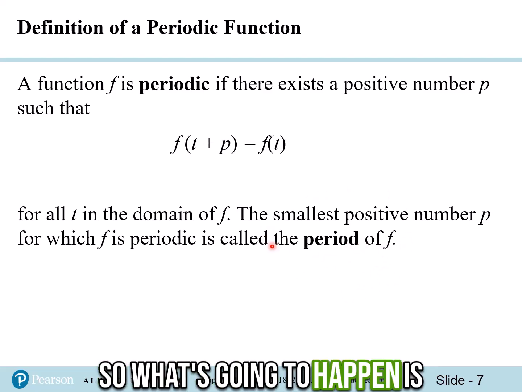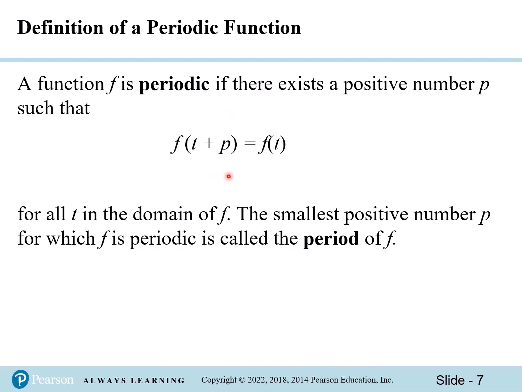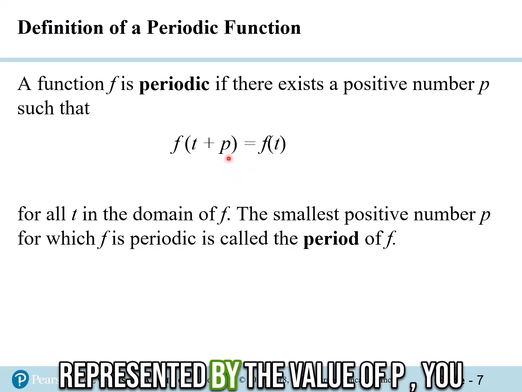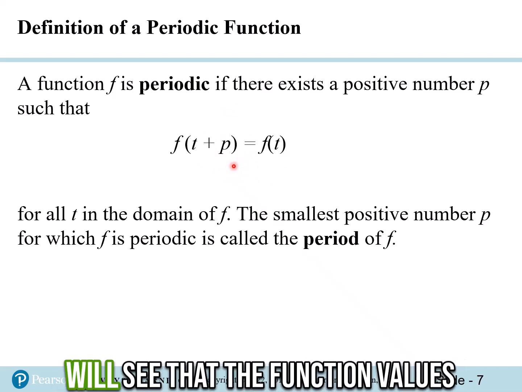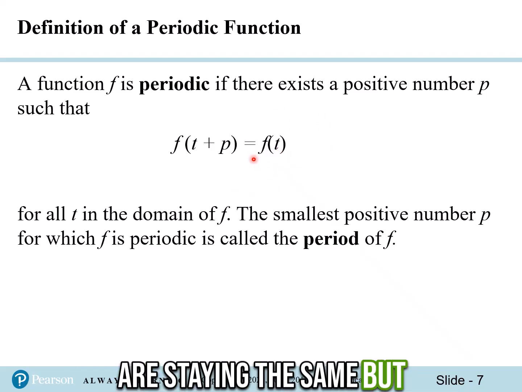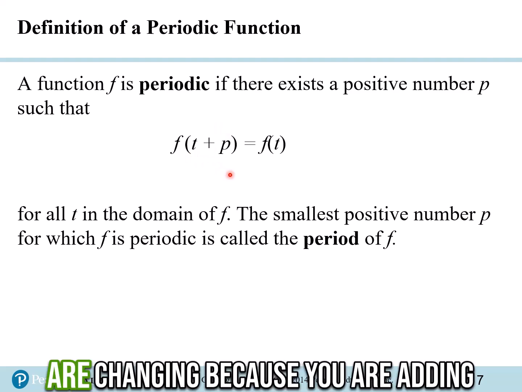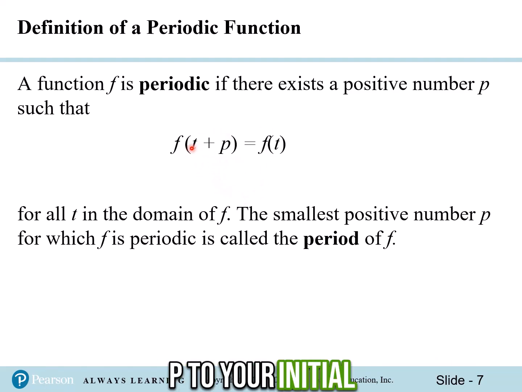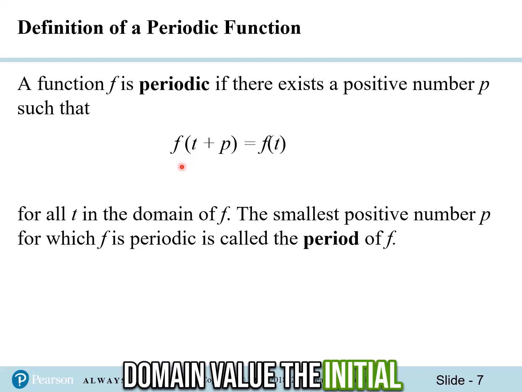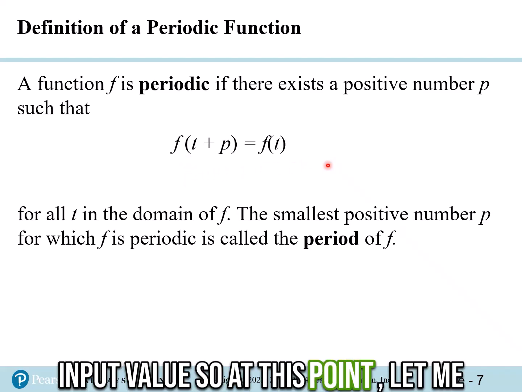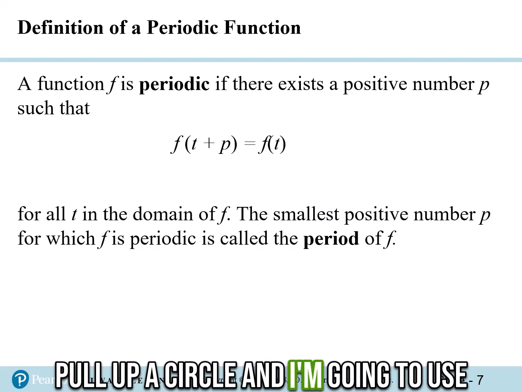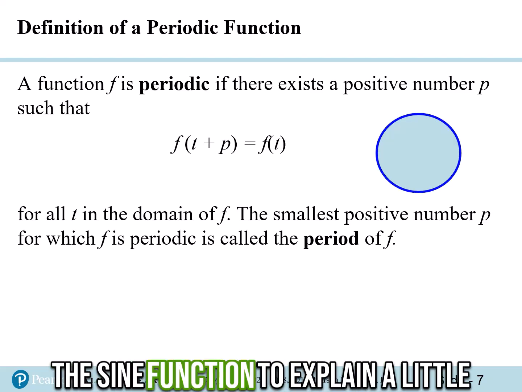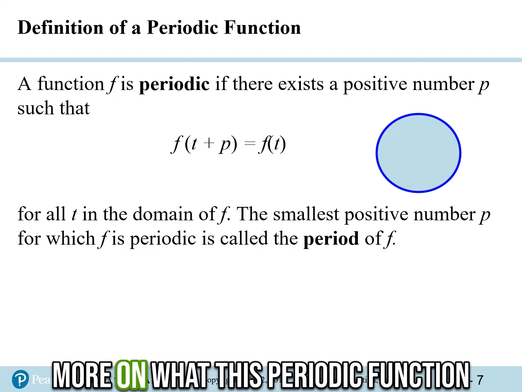So after completing one cycle represented by the value of p, you will see that the function values stay the same, but the input values are changing because you are adding p to your initial domain value, the initial input value. So at this point, let me pull up a circle and I'm going to use the sine function to explain a little more on what this periodic function implies.